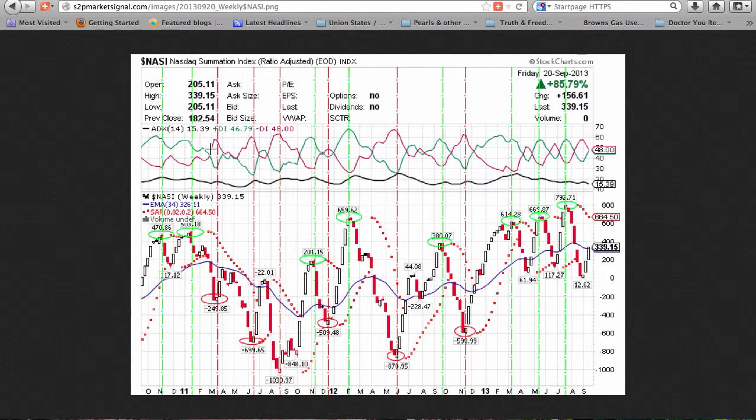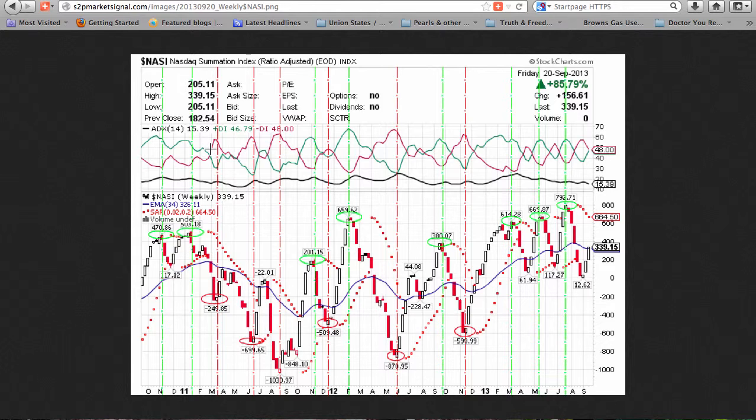At a positive 339.15 points, it has broken above the November 2011 top, but continues below the November 2010 top, the January 2011 top, the February 2012 top, the September 2012 top, the March 2013 top, the May 2013 top, the July 2013 top, and above the March 2011 bottom, the June 2011 bottom, the August 2011 bottom, the December 2011 bottom, the May 2012 bottom, and November 2012 bottom.